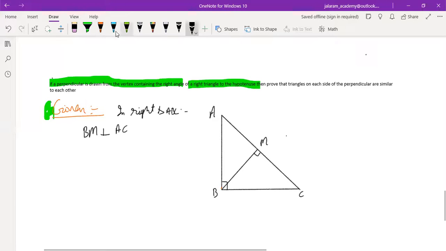So we write to prove, and what we have to prove?